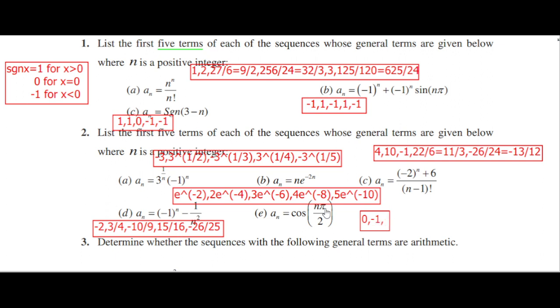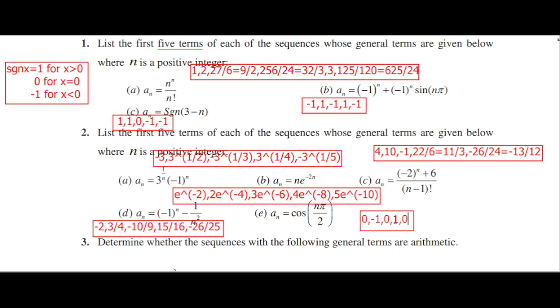Next, let's substitute 3: 3 pi over 2, that is 270 degrees, that is 0, comma. Let's substitute 4: 4 pi over 2 is 2 pi, cos 2 pi is 1, comma. Let's substitute 5: 5 pi over 2, 5 times 90 degrees, 450 degrees, that is 0.